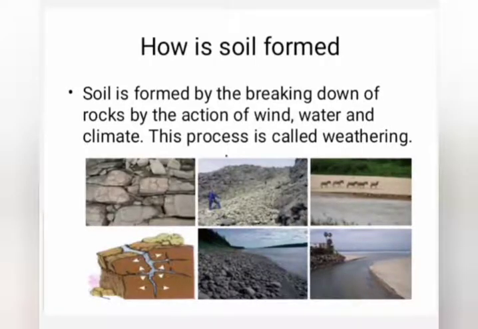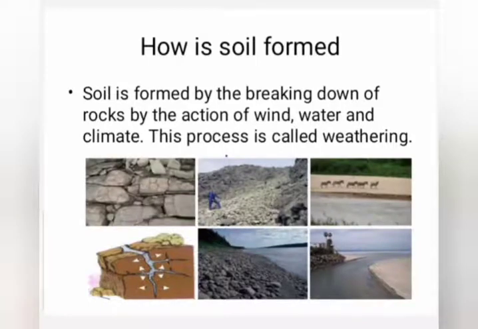Because of the fast blowing wind, the rocks break and form soil. Or because of the change in the climate, the rocks break and soil will be formed. Due to the force of flowing water, the rocks break and soil will be formed.